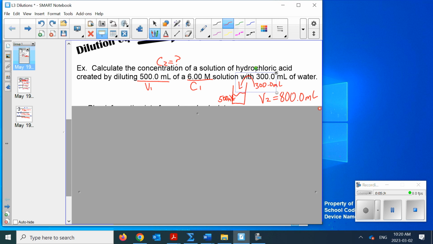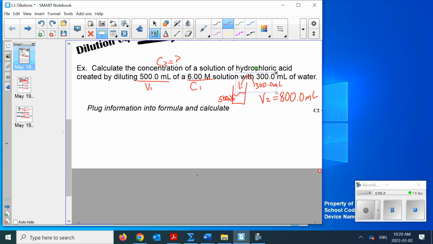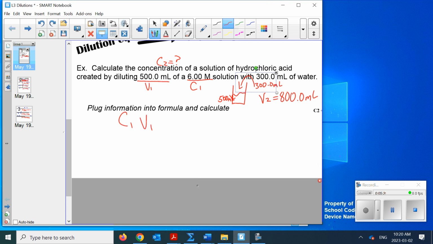So, plug the information into the formula and calculate it for us. We have everything. Hey, guess what? Your choice. Bad decimal.